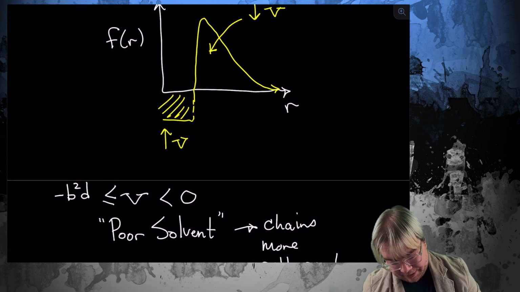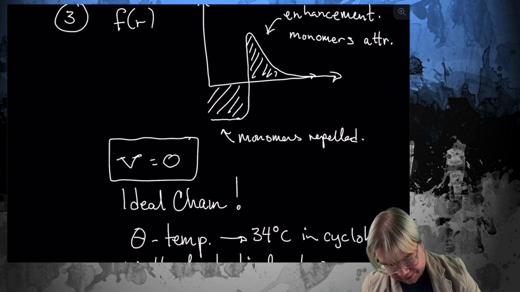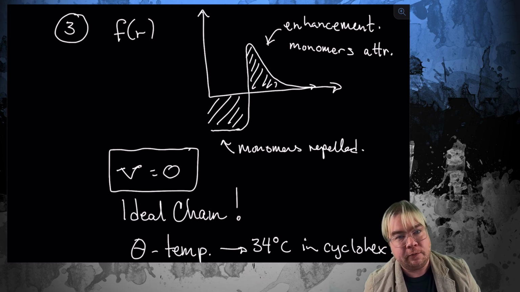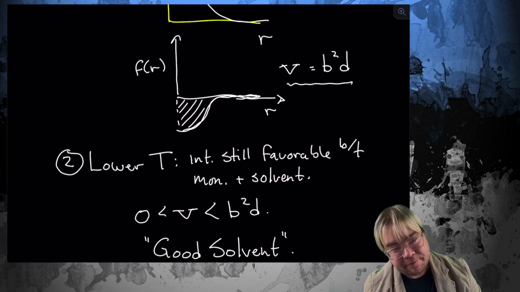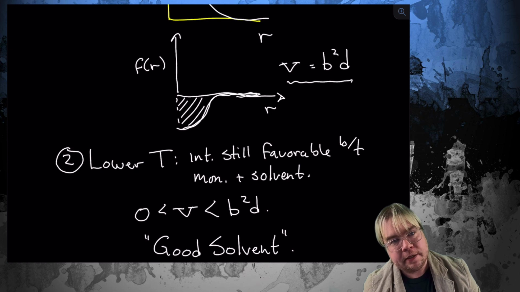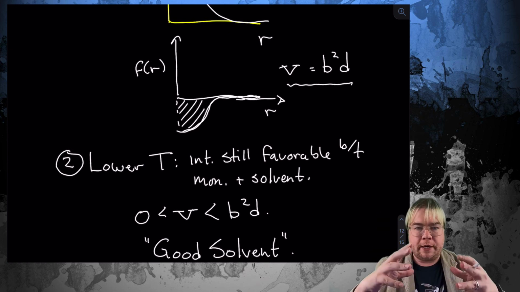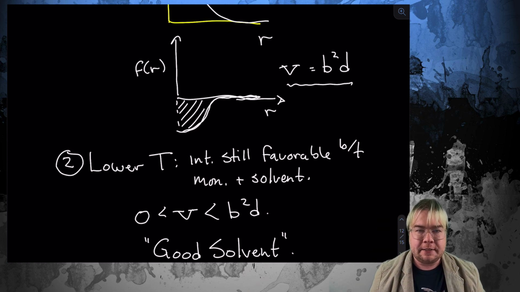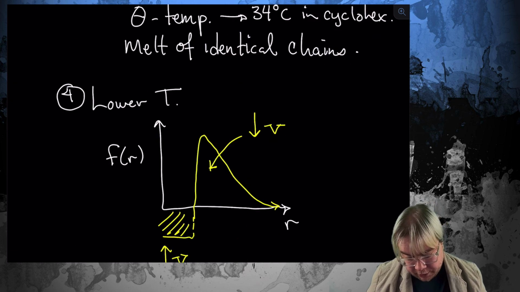Okay? That means that here, your chains are ideal if the excluded volume is equal to 0. And if the excluded volume is greater than 0, then your chains are swollen relative to the ideal chain case. So that's pretty good.